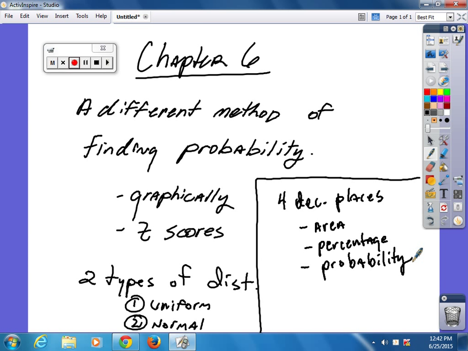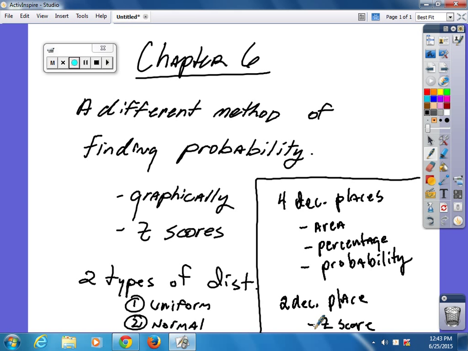Okay. 2 decimal places is going to be a z-score. Now, the reason I talk about that now is because in the problems that we're going to be doing in class and problems you're going to be doing outside of class, whether it be homework or tests, it may say that the area is 0.4057.